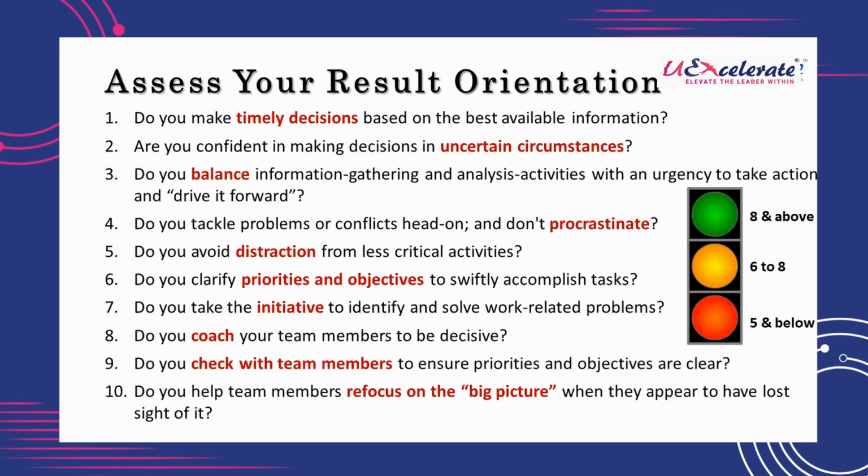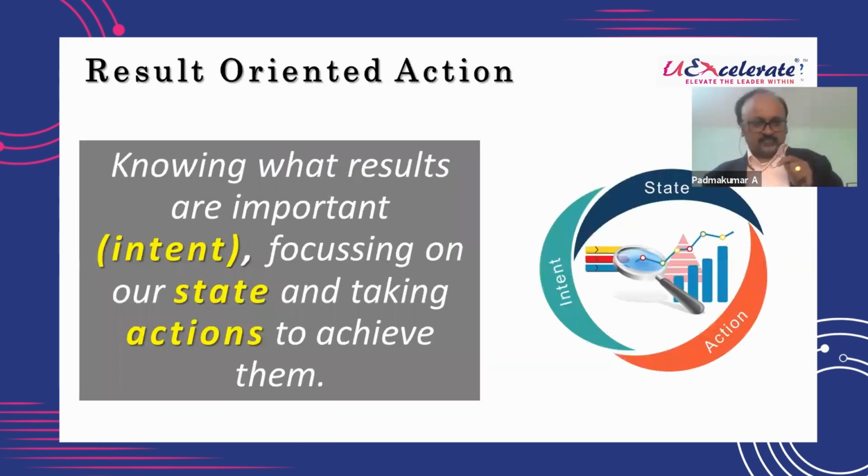This is again your own impression about yourself. Towards the end of the session, I will also give you certain tools that will help you to get a third-party view of the various activities, but stay with us till the end and we will make sure you get that. Okay, so this is about your result orientation.